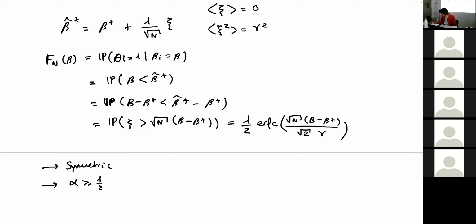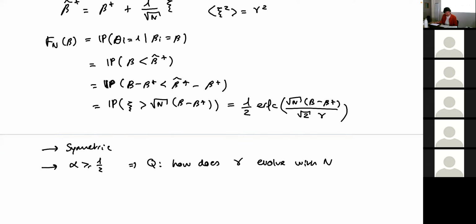The question now is, how does gamma evolve with n? Because it's likely that it's also going to be decreasing with n.